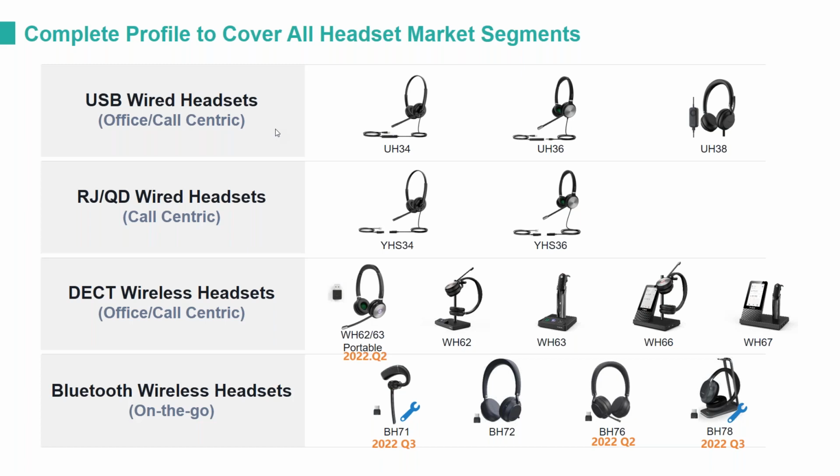The BH72 also comes with a small dongle which you can plug into the phone, and that acts as a Bluetooth connection device. So you can use that for Bluetooth connectivity. And again, you can use any of the USB DECT-based headsets, or the USB wired headsets, with the T46U.